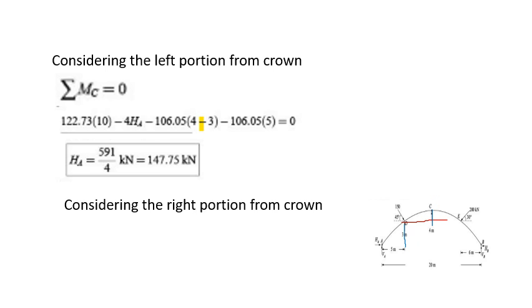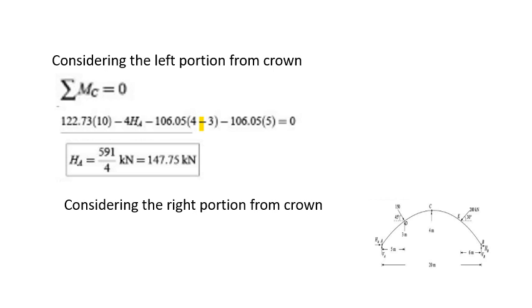So we get the value of HA. If you want, you can substitute HA minus HB, what we have got, you get the value of HB, or you can consider the right portion from the crown. It is easier to substitute in the previous equation HA minus HB, what we have got. As you know the HA value, we can easily find out the HB value.